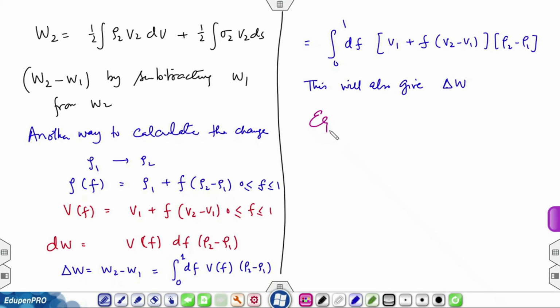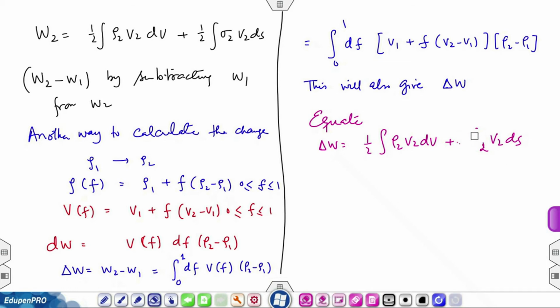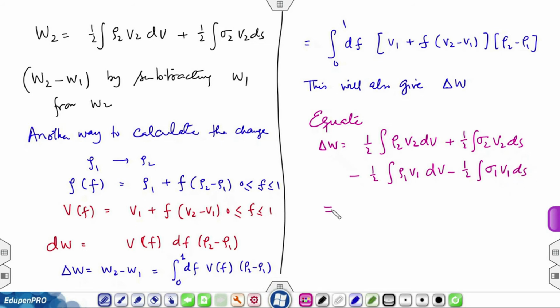Next, what we do is equate delta W equals 1/2 rho2 V2 dV plus 1/2 sigma2 V2 ds minus 1/2 rho1 V1 dV minus 1/2 sigma1 V1 ds is equal to this integral that I just calculated, 0 to 1 df, the integral that I just wrote, V1 plus f times V2 minus V1, times rho2 minus rho1.